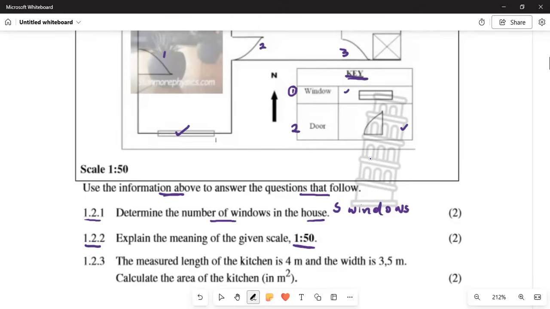It is a ratio between a measurement on a drawing, or on a map, and the actual distance.